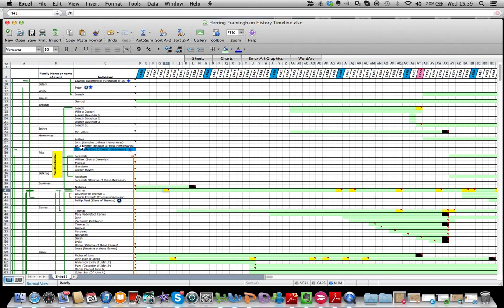So you can see here I have this Dr. Ebenezer Hemingway, who's a relative to the former Hemingways. So I have not made the genealogical connection. I know that this is the Framingham Hemingway family, and this is a descendant in some way. That's what I did.